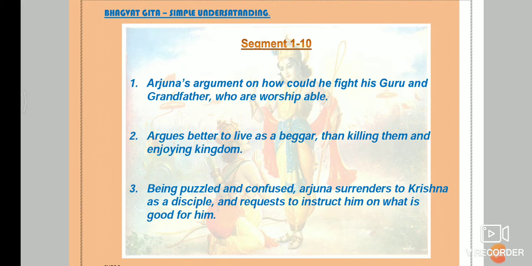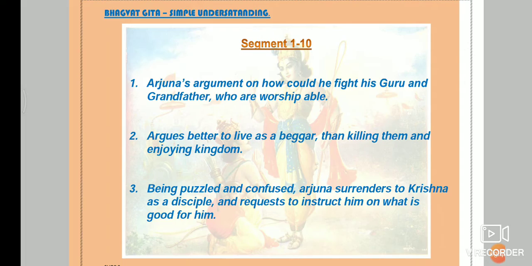He says they are worshipable, as his guru had taught him the knowledge of Shastra and his grandfather had taken care of him after he lost his father Pandu. Such people have given him immense knowledge and taken care of him from childhood, so it's not correct to fight them. He says they are his worshipable entities, and he cannot kill them in order to win the kingdom.